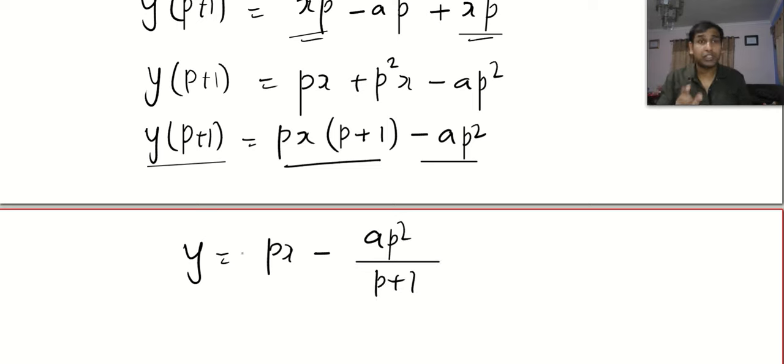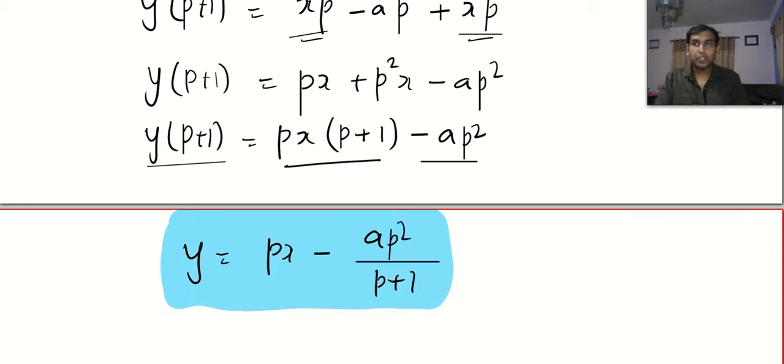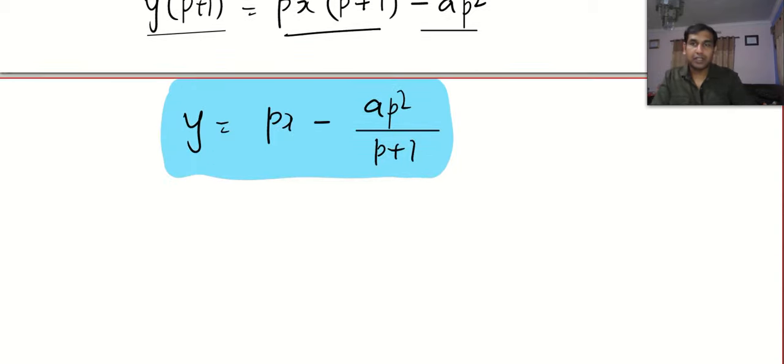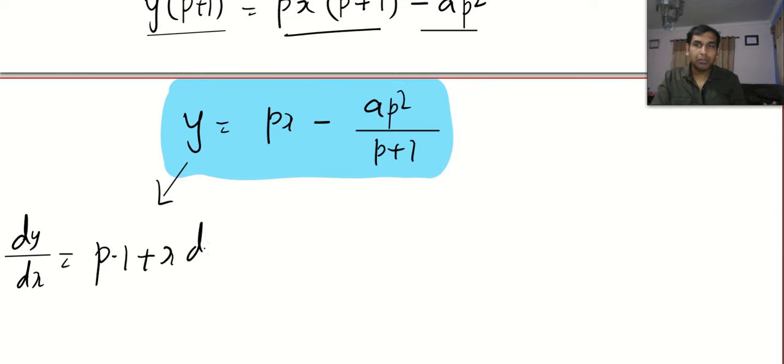I'll show one more step and stop. So can you see this is Clairaut's equation? So you differentiate. So dy by dx equal to p into 1 plus x into dp by dx minus, we have to apply the u by v rule.